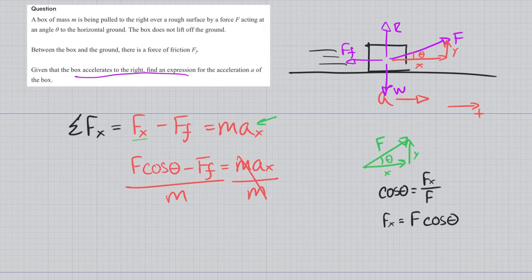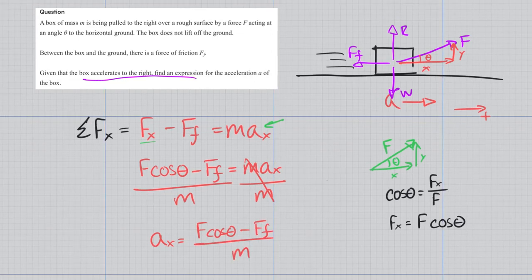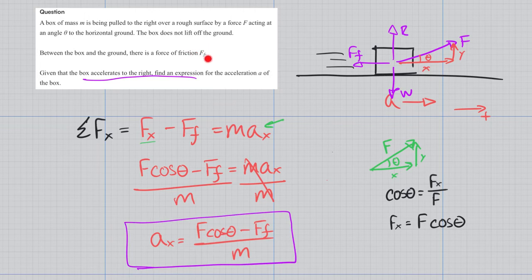My masses here will cancel out, and I'll get acceleration in the x direction is going to equal the pull force times the cosine of theta minus my force of friction, divided by my mass. Now, this is the answer that they are looking for. And so that's how we could solve for that in terms of the force of friction.